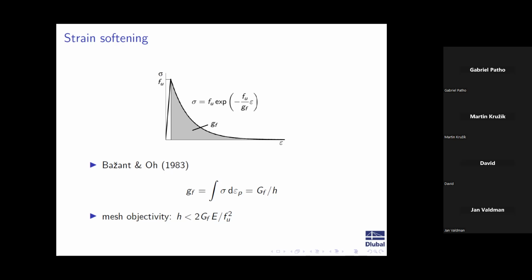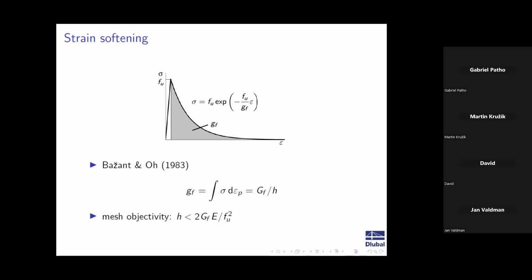So here my stress strain graph is actually not constant throughout my finite elements. This is mesh dependent, because if I want to dissipate the same energy, I need to adjust my stress strain diagram accordingly.